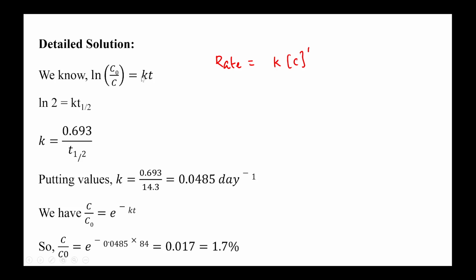If you take the negative value, ln of C by C0 is equal to minus KT, or you can take the exponential on the right hand side, and then solve for C by C0. So the ratio will come to 0.017. If you multiply it by 100, you will get the percentage, that is 1.7%.